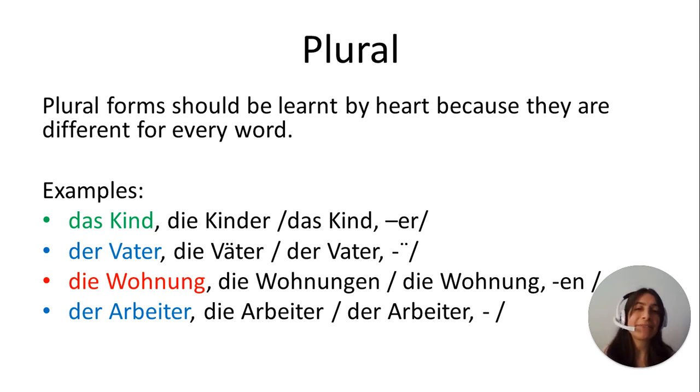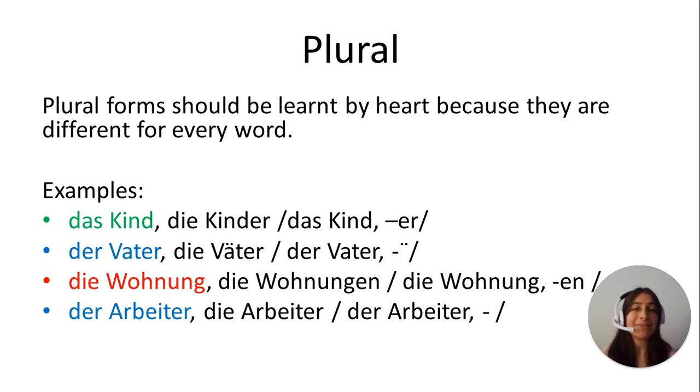Then we have der Vater, die Väter. What is the difference here? Vater, Väter. You see, just the umlaut is changing the singular to the plural form. Then we have the ending en. Die Wohnung, die Wohnungen. Or another kind of form would be der Arbeiter, die Arbeiter.